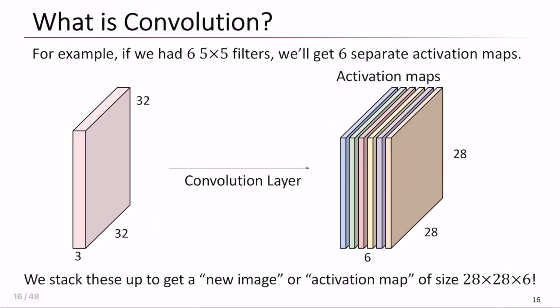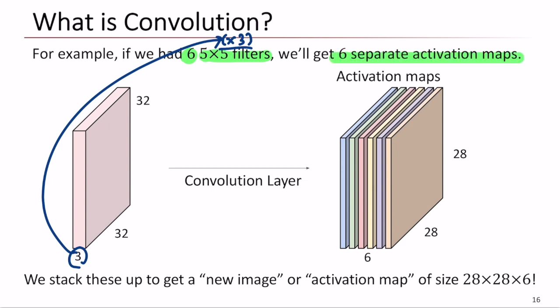By doing this, for example, if we had 6 filters of 5 by 5 by 3, where the 3 is just predefined because it depends on the input size, we will get 6 separate activation maps: 1, 2, 3, 4, 5, 6. Then your output y is 28 by 28 by 6.